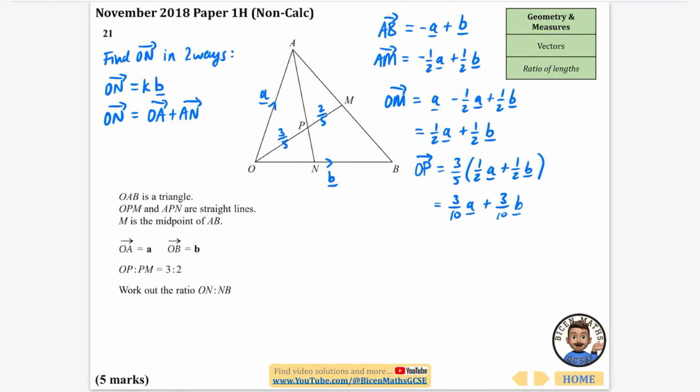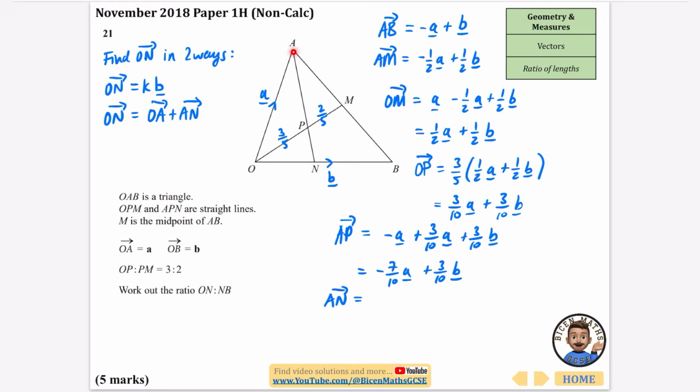Now remember, I'm doing all of this so I can eventually find out what AN is. So now I'm going to find AP. So AP is going to be equal to minus A plus OP. So that's minus A plus OP, which is 3/10 A plus 3/10 B. And that is, well, I've got minus 1A plus 3/10, that is minus 7/10 A plus 3/10 B. And now I think I can say that AN is equal to some kind of multiple of AP.